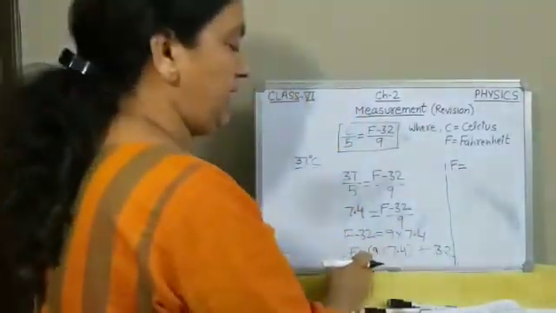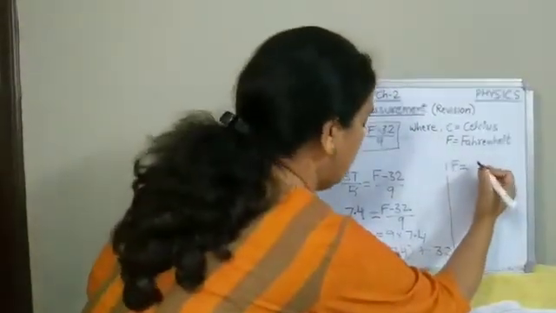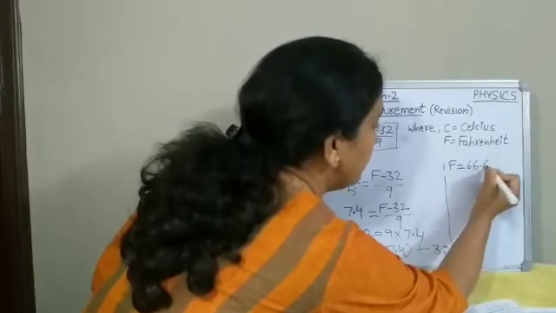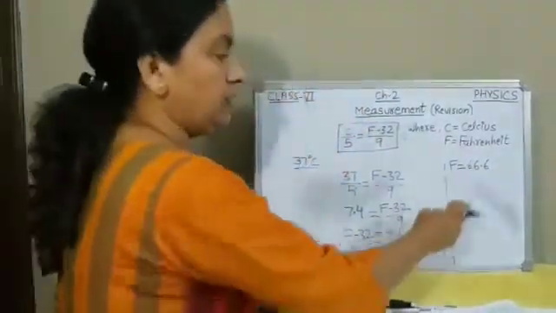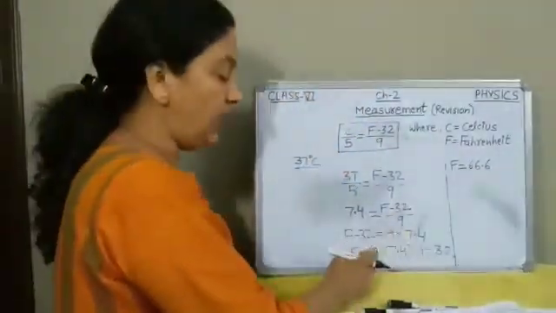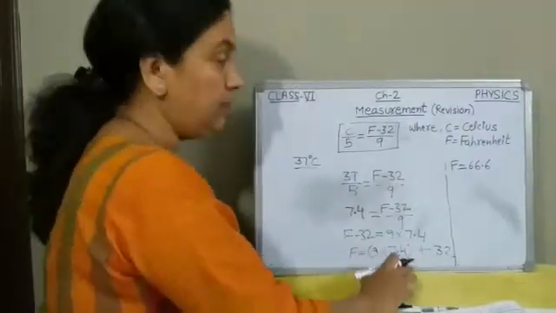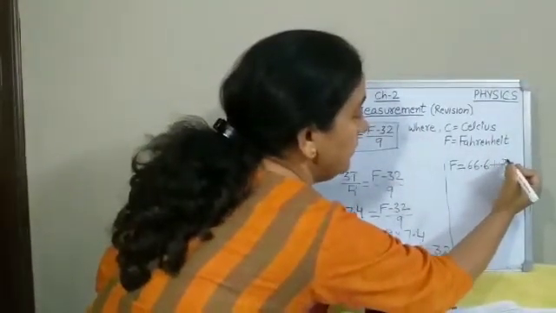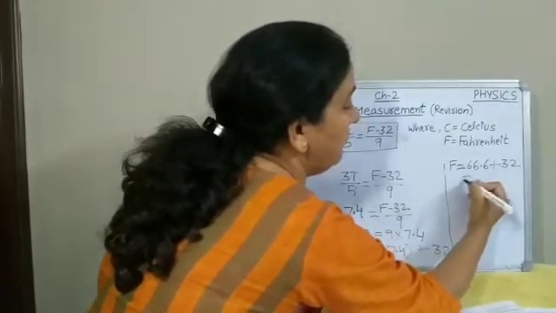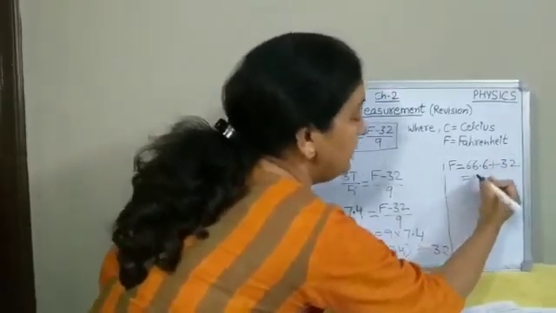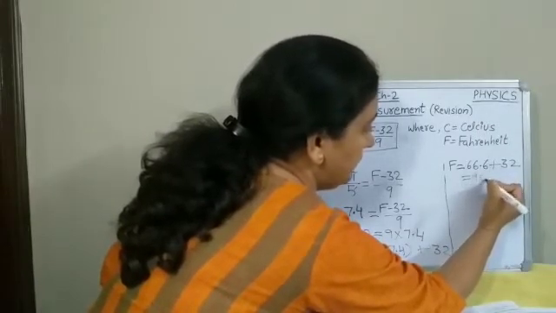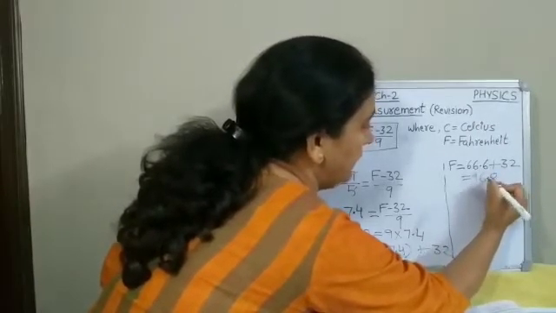When we multiply 9 by 7.4, we get 66.6. 9 times 4 is 36, 3 carried; 9 times 7 is 63, plus 3 is 66. So we get 66.6 plus 32, and when we add it, we get 96.8.